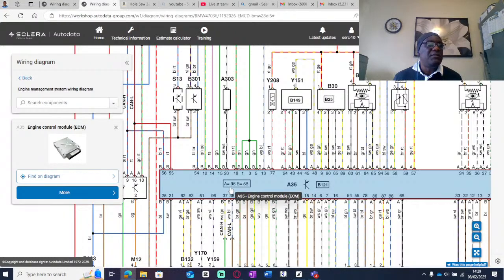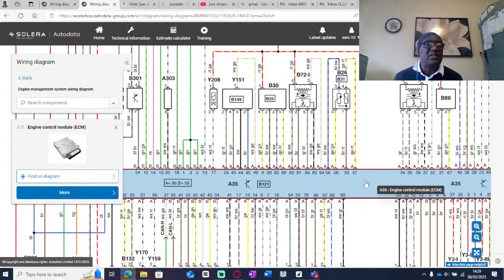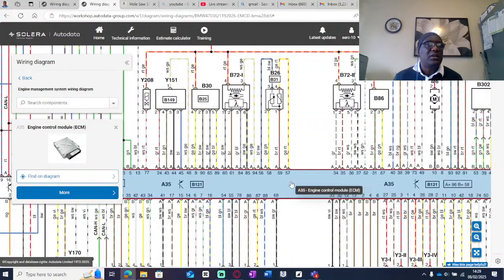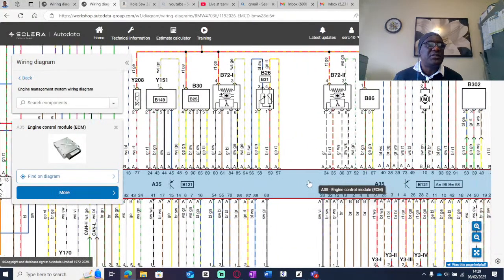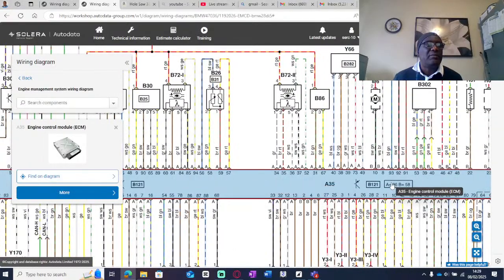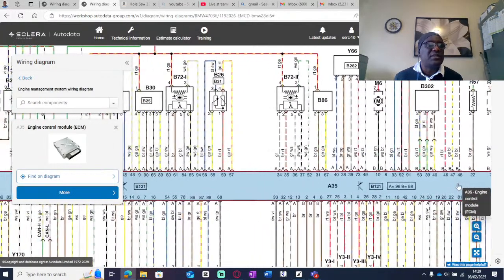Sometimes it will give you the colors. Let me see, does it do that? No, it doesn't do that. I wanted to see if it gave us the color. No, it doesn't.